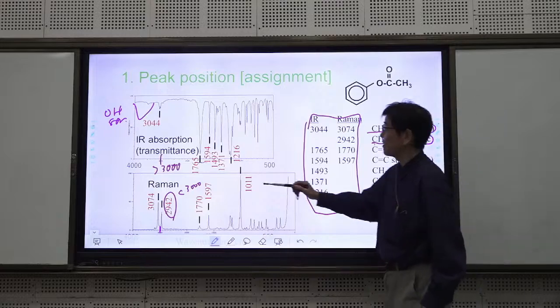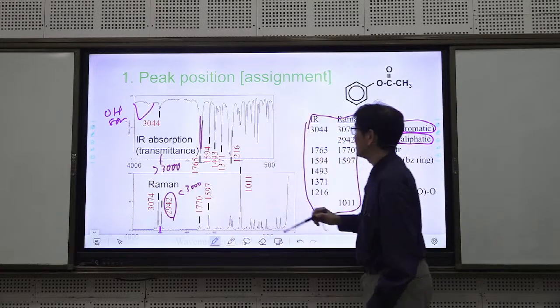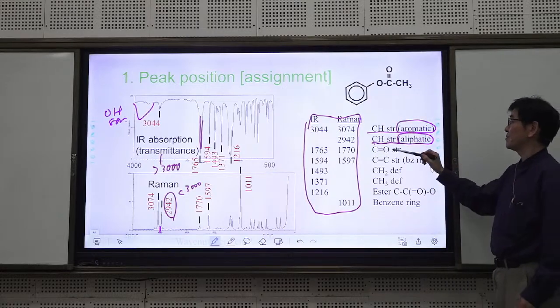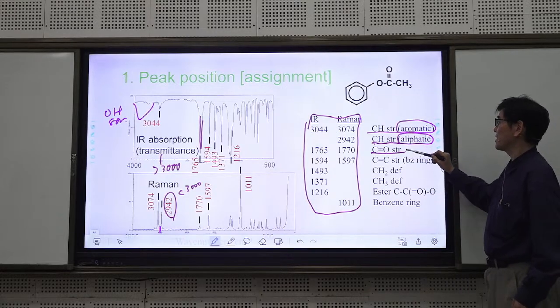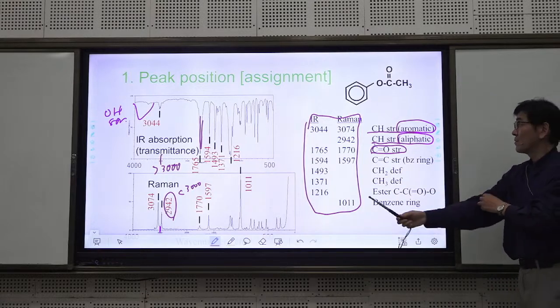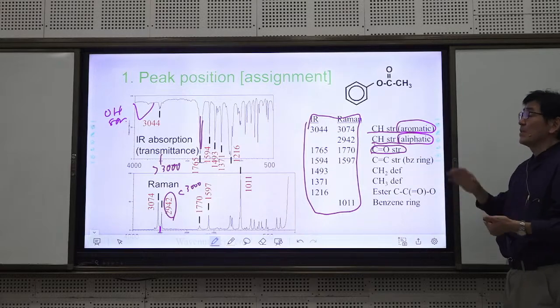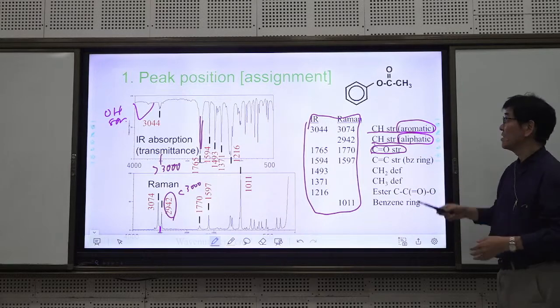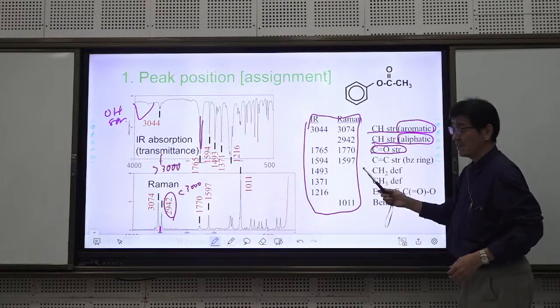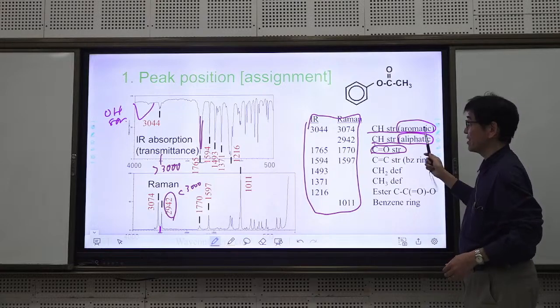So, 1765, here is the large peak. It is assignable to the C=O double bond stretching. I do not explain all the peaks, but anyway, there is accumulated knowledge about the relationship between the peak position and the origin.